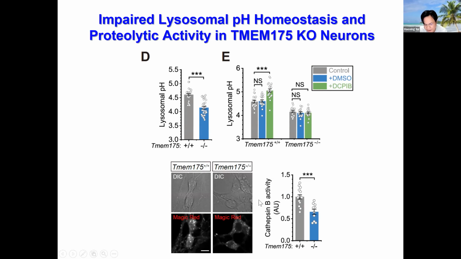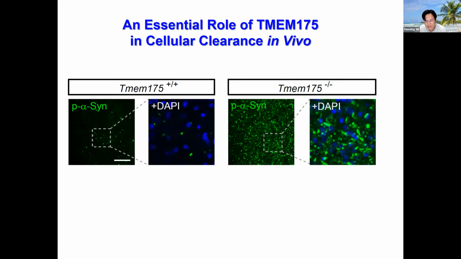Cathepsin B or D enzymes are known to regulate alpha-synuclein protein aggregation and degradation. And so in the mouse brain, we find that alpha-synuclein aggregate accumulation is much more obvious in the knockout mice if we give a challenge, even in young mice. And they also show behavioral phenotypes.